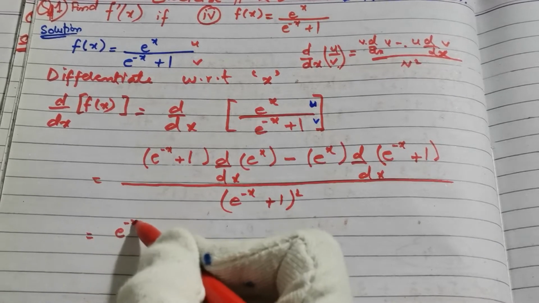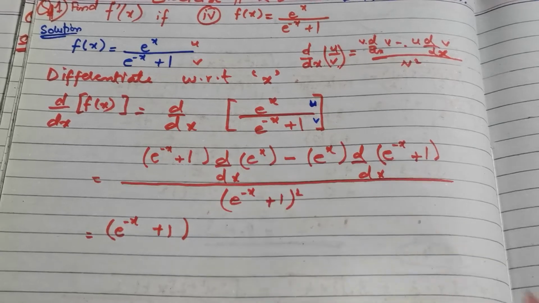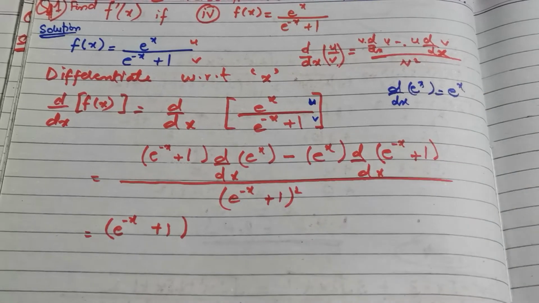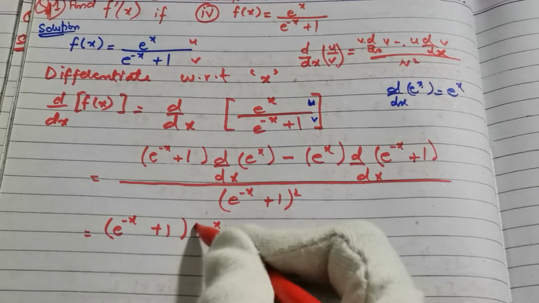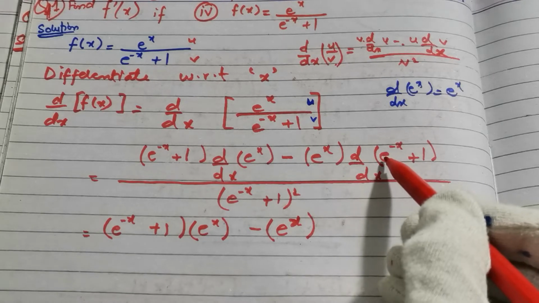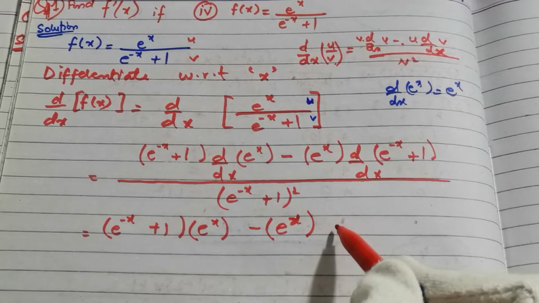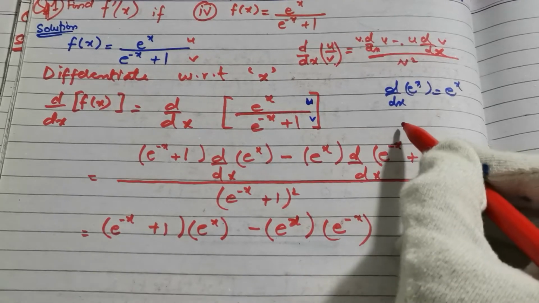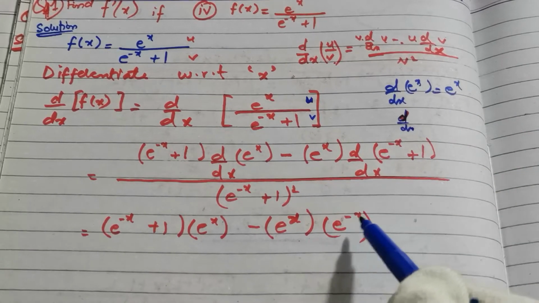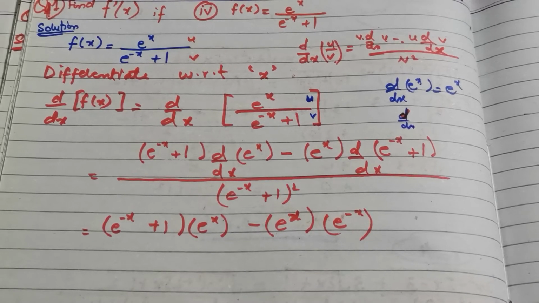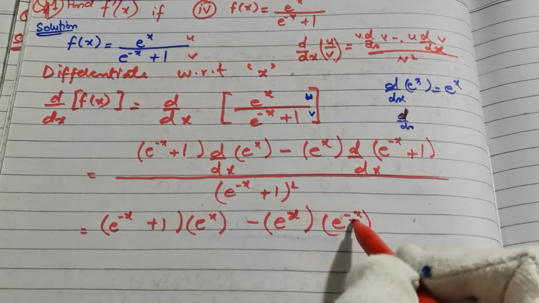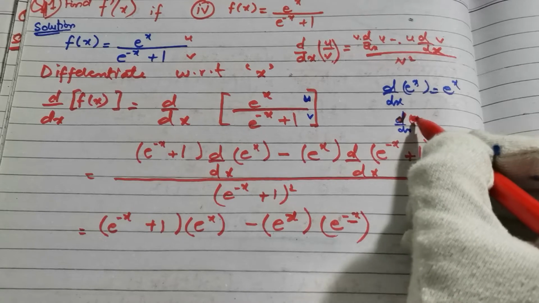Now e to the power minus x plus 1 as it is. The derivative of e to the power x is always e to the power x. So e to the power x minus e to the power x, and the derivative of e to the power minus x is e to the power minus x, and again we take the derivative of minus x.